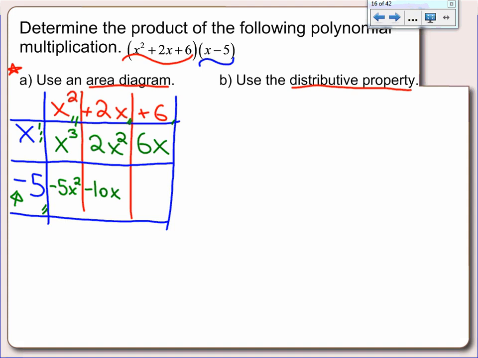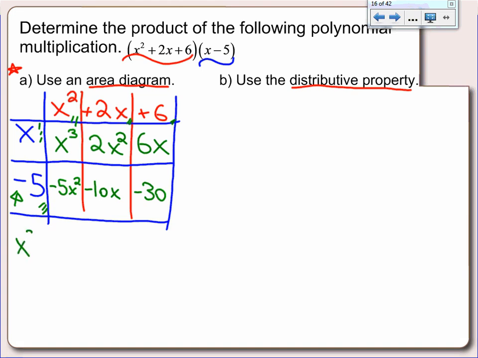Lastly, negative 5 times 6 is negative 30. Now you see all those numbers in green, the insides of the boxes. That's your answer.